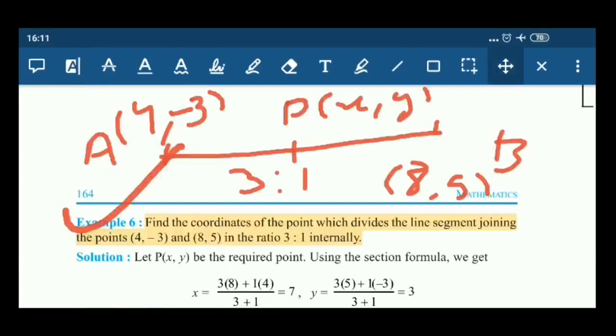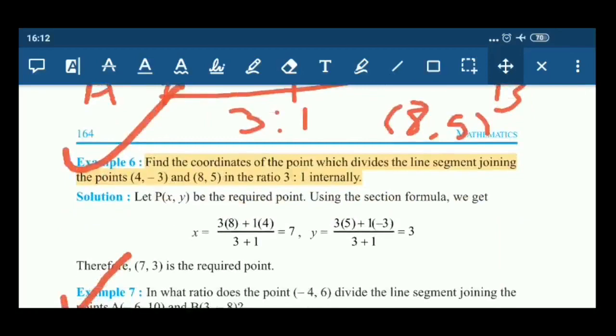I have drawn a line segment. The name of the line segment is AB and the coordinates of A are 4 and -3 and the coordinates of B are 8 and 5, and P is the point whose coordinates we will find, and this point divides AB in 3:1.